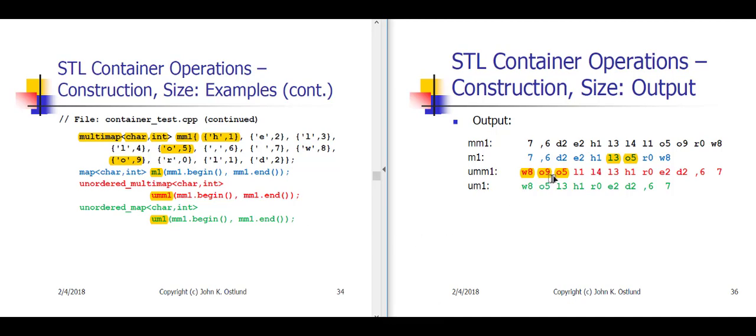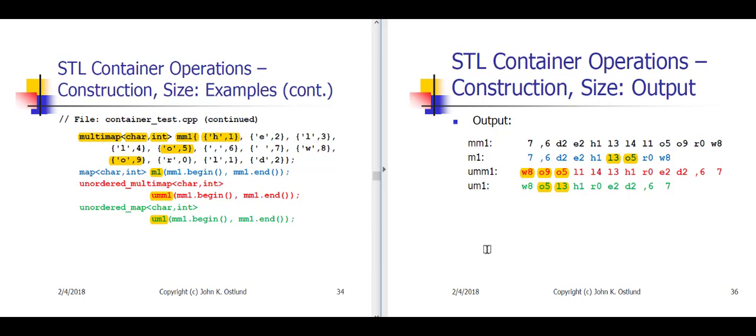So in this case, when the key value pair O5 gets put into UM1 as part of its initialization, the later pair, little o9, is rejected. Likewise, L3 is inserted into the unordered map UM1, but the later occurrences of L with their values, namely little l4 and later little l1, are rejected.